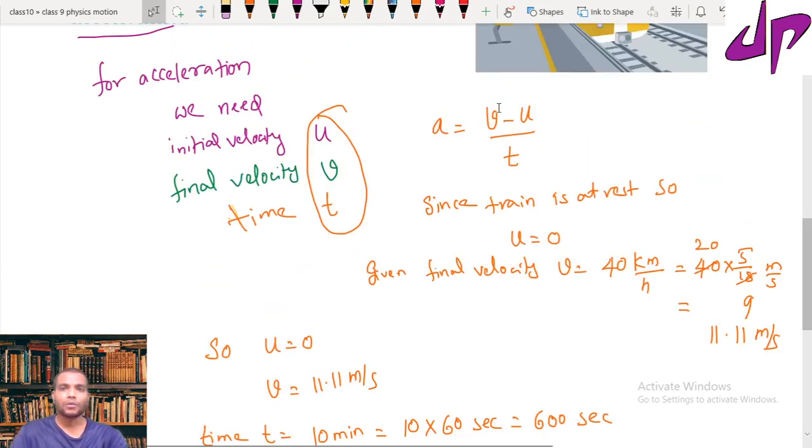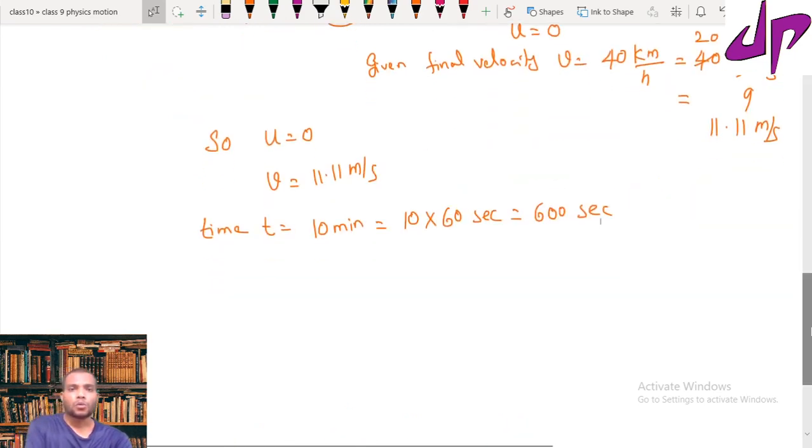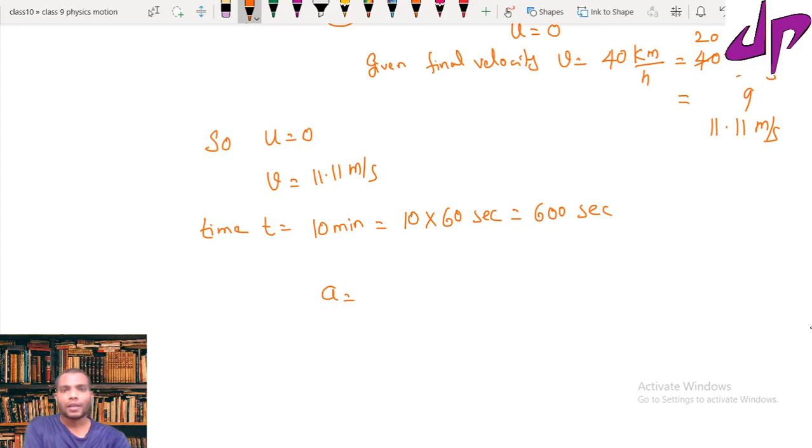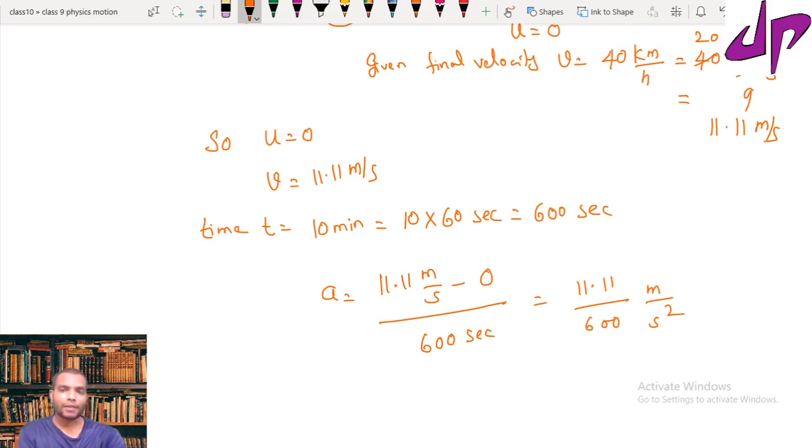Acceleration a equal to v minus u by t. So a equal to final velocity 11.11 meter per second, minus initial velocity which is 0, divided by 600 seconds. So you will end up with 11.11 divided by 600 meter per second square.